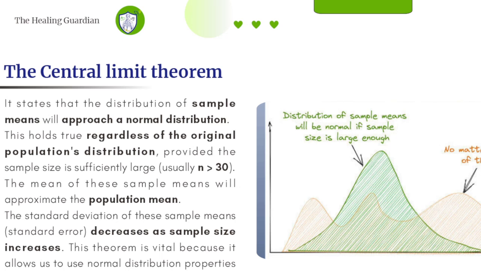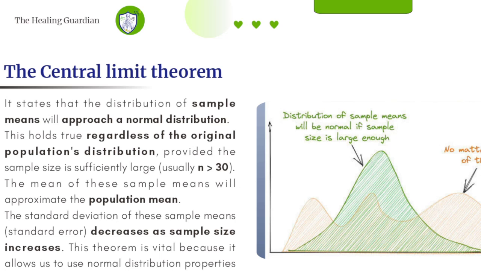So it says that if I'm making samples, maybe I go and measure 30 people, I measure the average weight. I go and I count another 30 people, I measure the average weight. Another 30 people. The averages I'm making will approximate a normal distribution, irrespective of whether the data was skewed, whether the weight in the population is not normal.